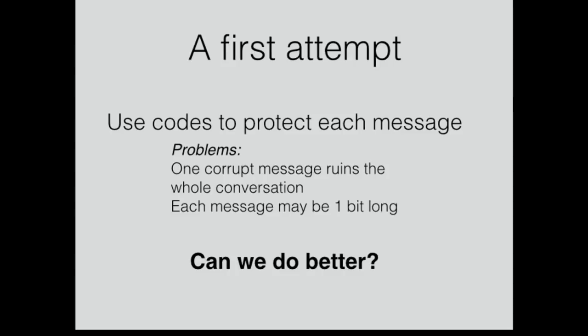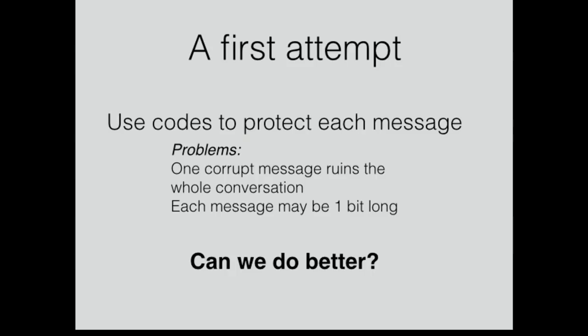But the problem is, because the protocol is interactive, an adversary just needs to ruin a single message in the entire protocol to ruin the entire conversation, right? So an adversary could just concentrate all their errors onto a single message. So imagine, for example, in the worst case, that the protocol just has messages that are 1 bit long, and many such messages.